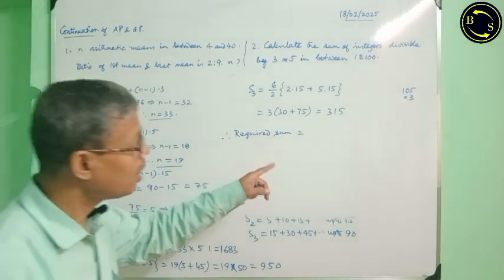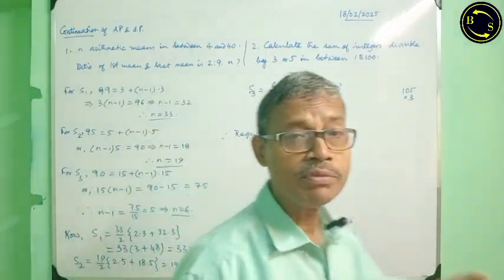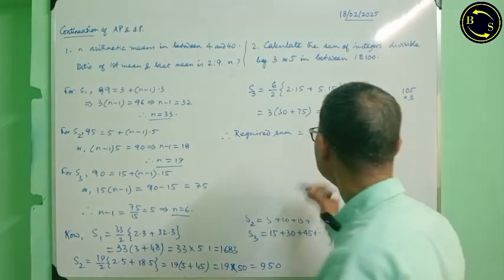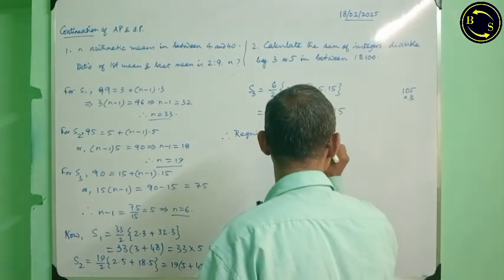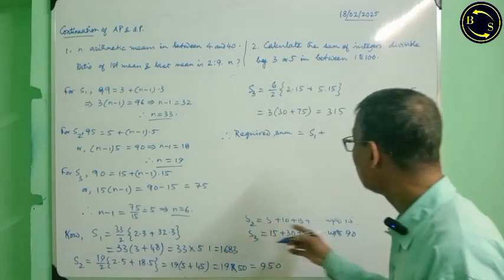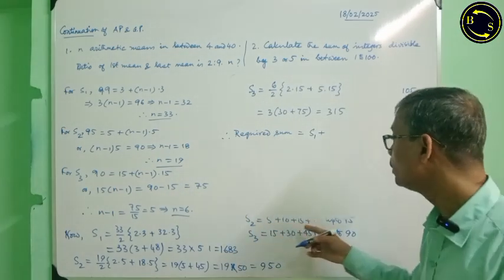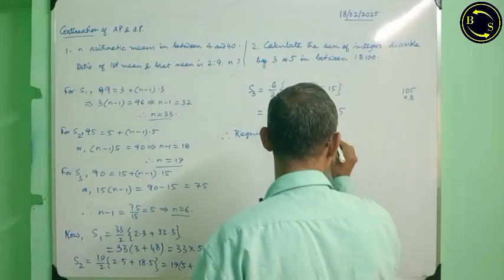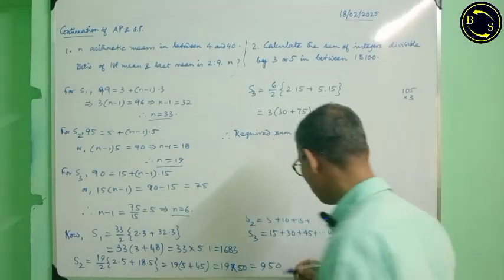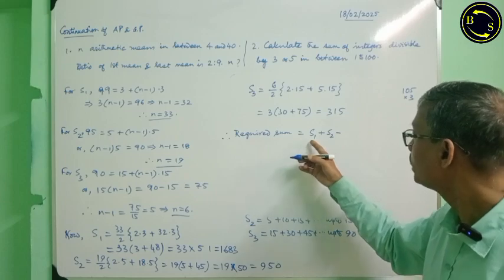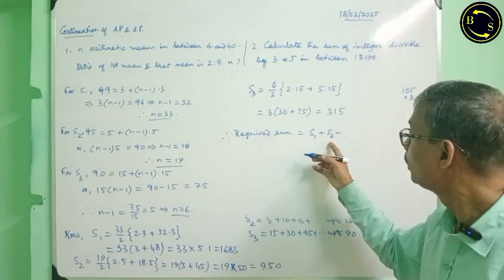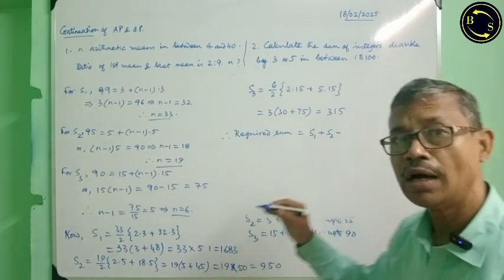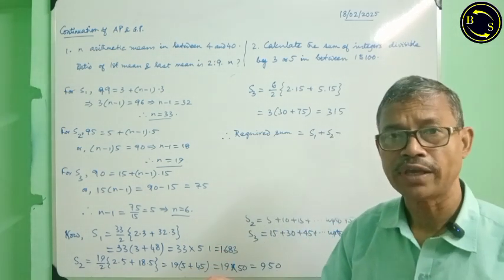S1 is the sum of numbers in between 1 and 100 which are divisible by 3. Therefore, first S1, then S2, those numbers, each of those are divisible by 5, S2. Now, while we are considering S1 and S2, there are numbers which are divisible by both 3 and 5.